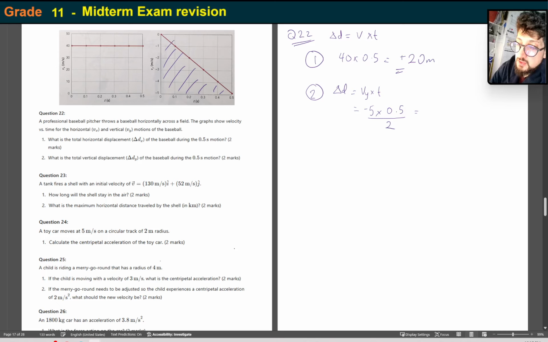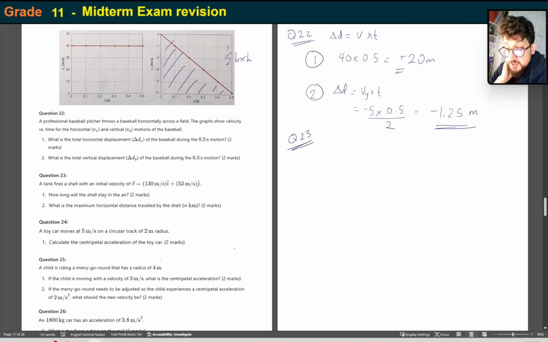And the area of a triangle is half base times height. So 0.5 times 0.5 divided by 2. And that's going to be -2.5 all over 2, so -1.25 meters. Okay, and once again, the negative denotes the fact that it's displacement and that it's a vector and has a direction.